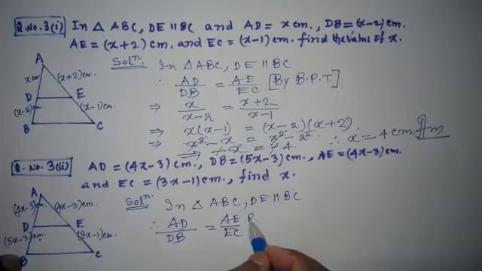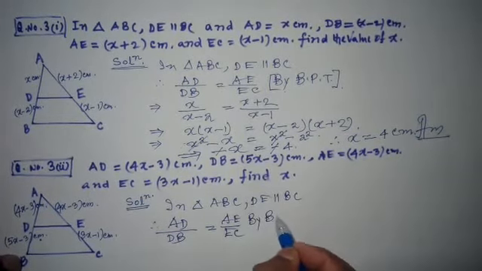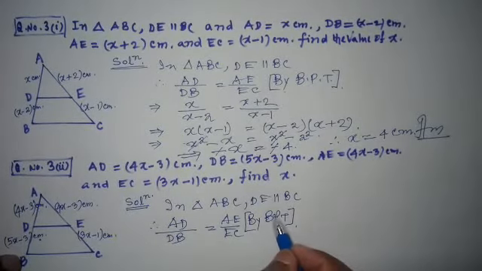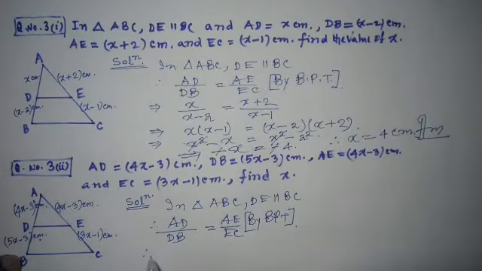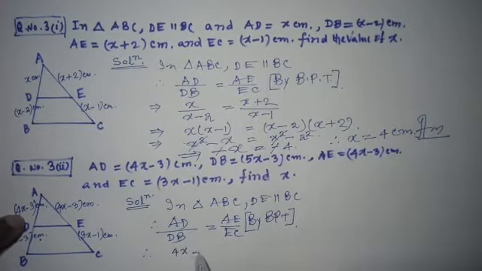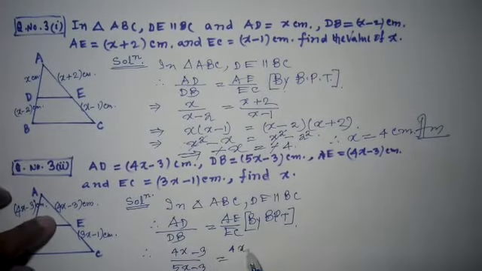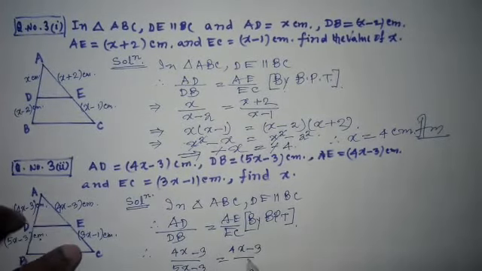We can write here by BPT, basic proportional theorem. Therefore, put the values of AD, it is 4x minus 3 and DB 5x minus 3 is equal AE 4x minus 3 and EC is 3x minus 1.